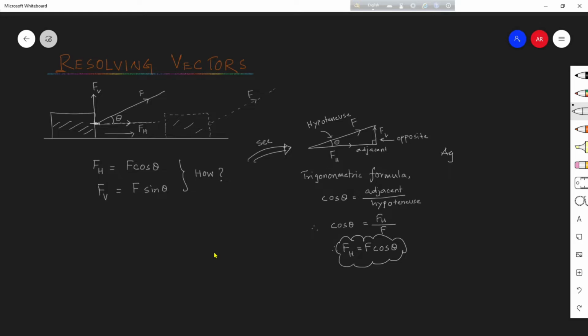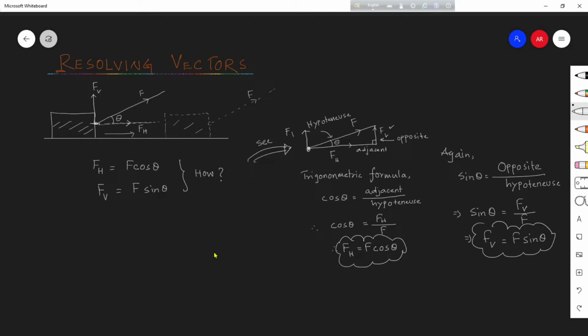When we make FH the subject, we get FH equals F cos theta. Again, sin theta equals opposite over hypotenuse. Opposite means the vertical. Along this vertical we consider the vertical force. Making it the subject, the vertical force is F sin theta.